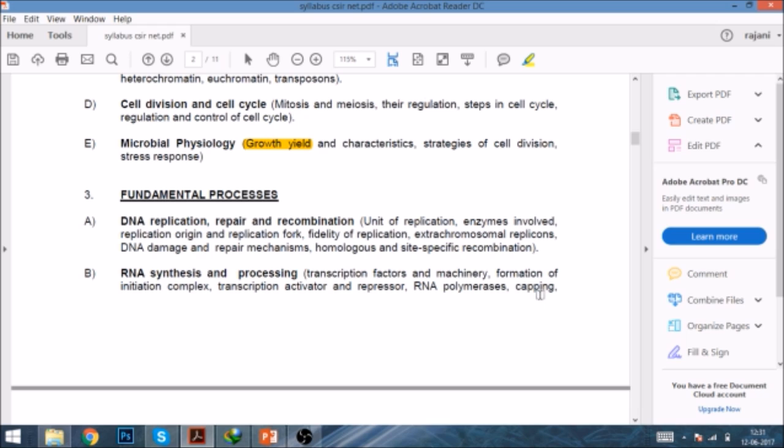The next unit is fundamental processes, which include DNA replication, repair, and recombination, or you can say the central dogma of our cell, which is replication, transcription, and translation.